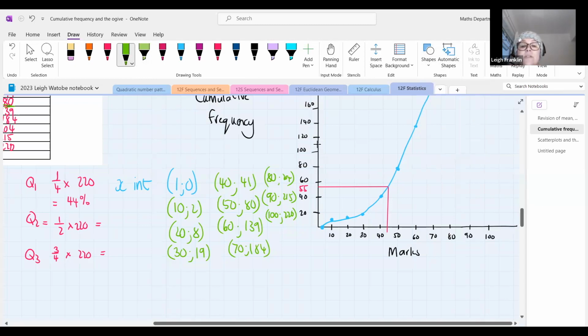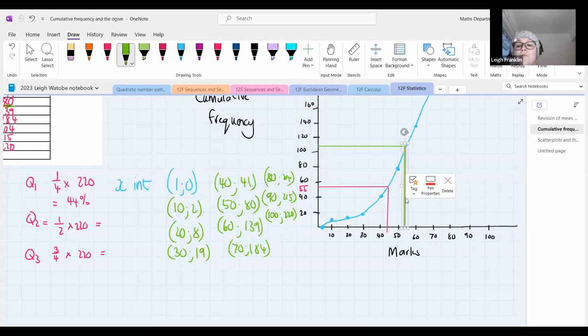We would find 110 here, and again we would go across to our graph and down to read off. This is the position of the median, and your median mark looks to be roundabout 55%. So there would be a little bit of leeway.